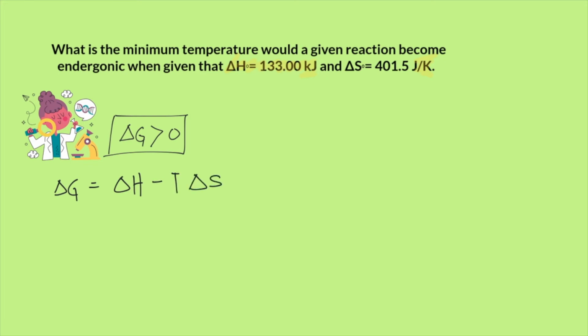Now we just need to assume your delta G is 0, because then only you can know what is the temperature that you need. Since you already calculated the conversion from kilojoule to joule, your delta H is 133,000, minus T, the thing that you want to calculate, and your delta S is 401.5 joule per Kelvin.